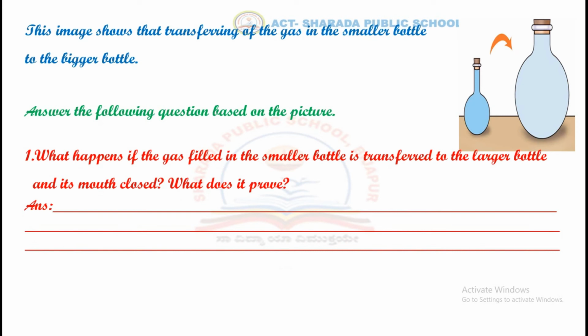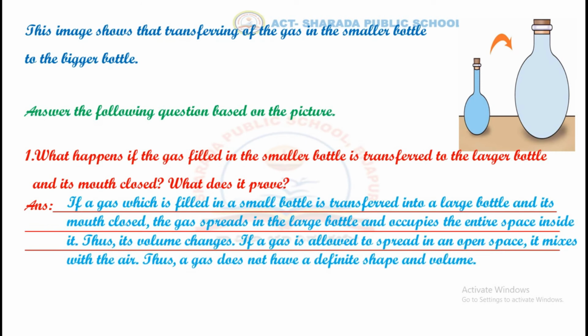What happens if the gas filled in the smaller bottle is transferred to the larger bottle and its mouth closed? What does it prove? I have written the answer here and you can write your own answer also.